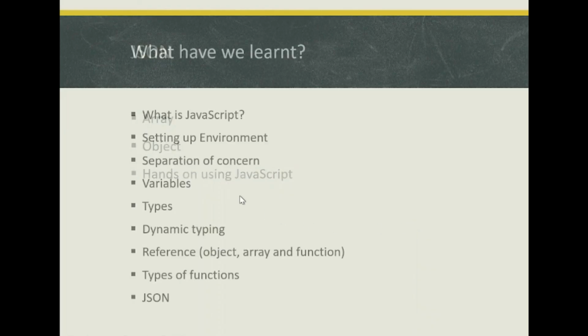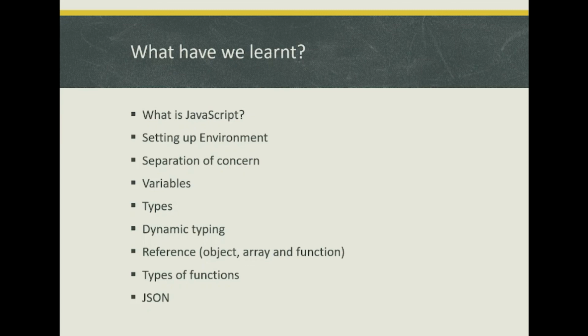So with that, we have completed our basic training of JavaScript, and we have learned what JavaScript is. We have also seen setting up the environment for JavaScript by downloading Node.js and VS Code.